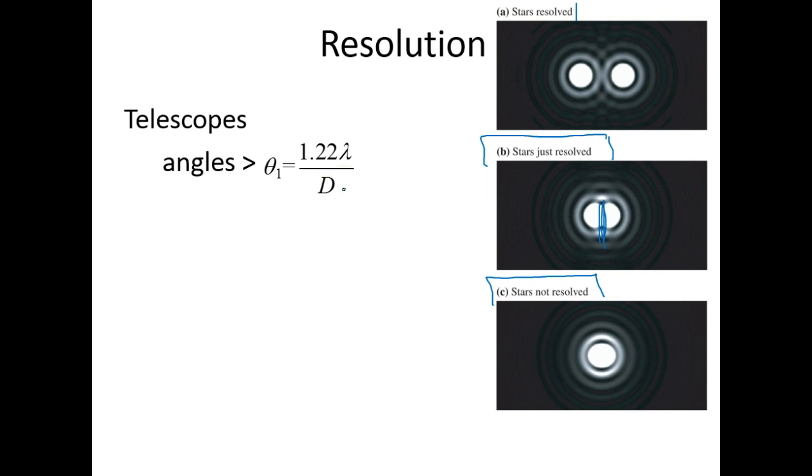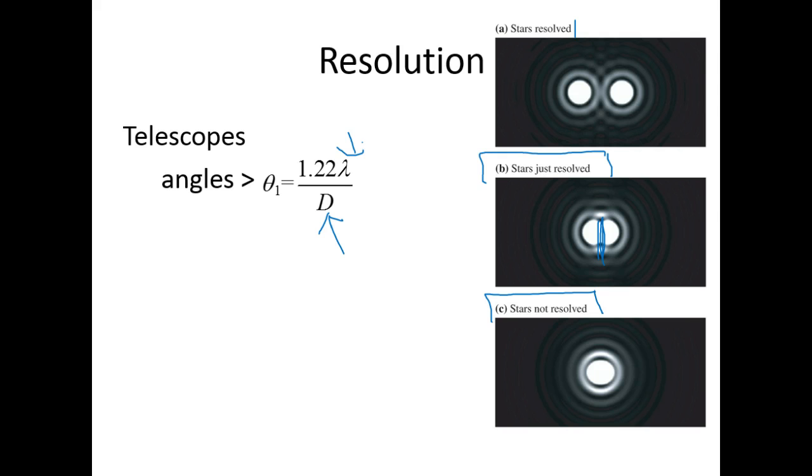And so telescopes have a minimum angle that they're able to resolve. And it depends on two things. It depends on the wavelength of light being received, and it depends on the diameter of the telescope lens. And so you guys know how fractions work, right?